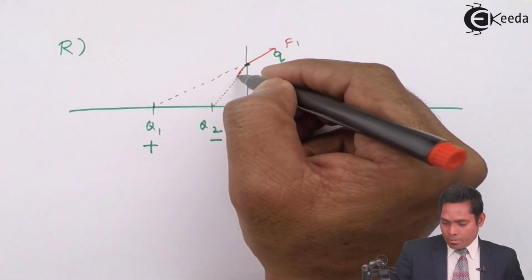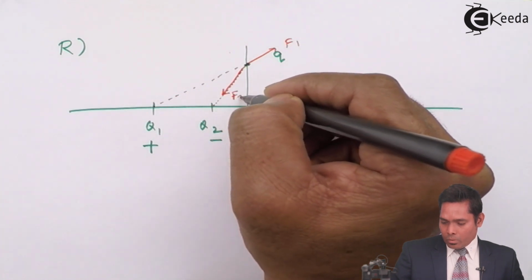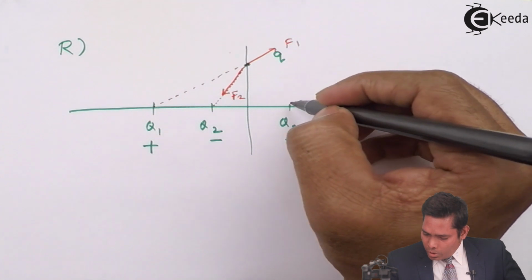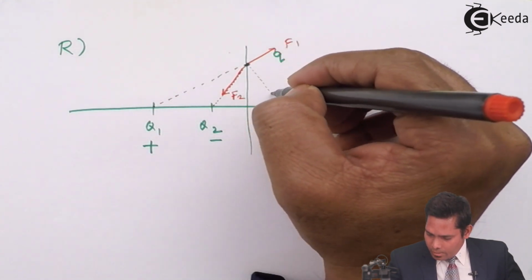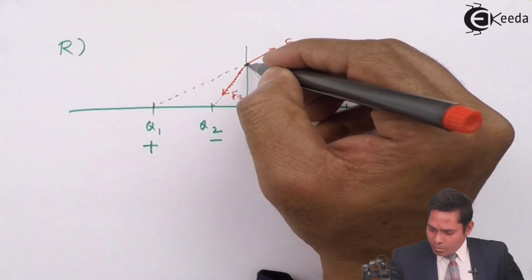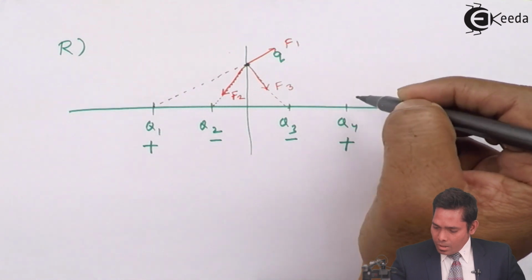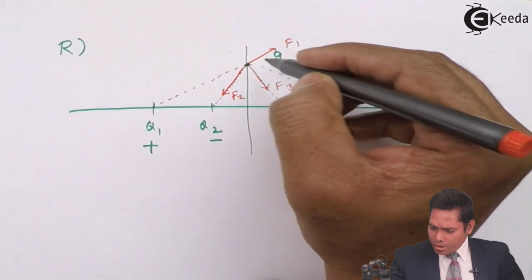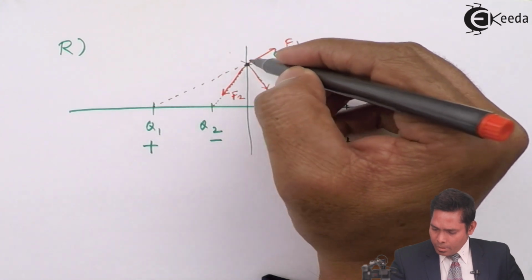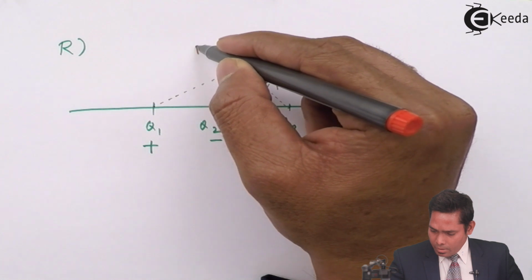It will be something like that, and it will be greater in magnitude. This is F2. Q3 and Q1 are equidistant. Here, a negative, again it will attract like that. This is F3. And Q4 being positive, it will repel, like that, equal to this value.